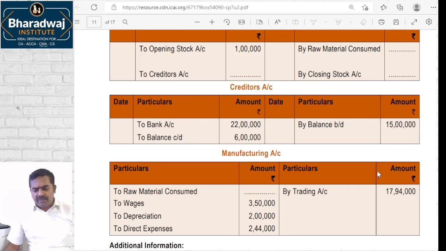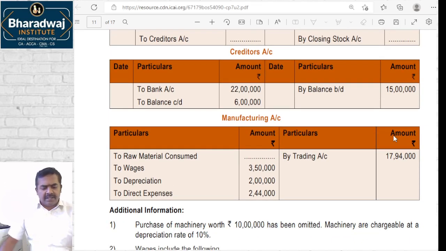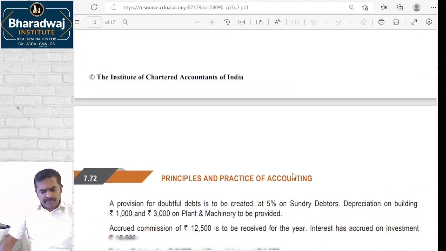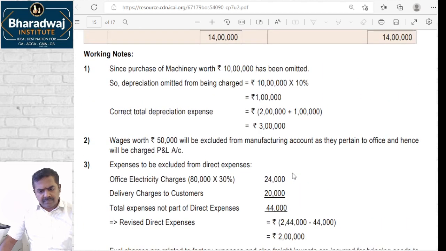As a balancing figure, you put by purchases. By purchases is a balancing figure. What is the balancing figure for purchases? 13 lakhs. Purchases 13 lakhs.